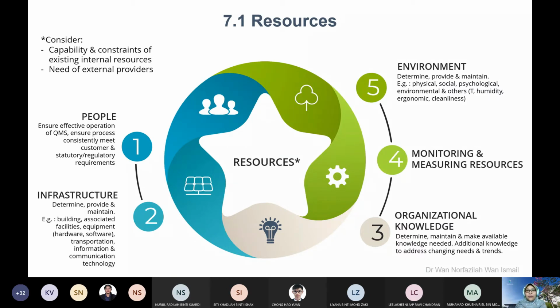And then maintain. Of course lah, kerusi for sometimes dia akan rosak. So you have to maintain, beli yang baru. Cleanliness is also environment. So that one is very important for your safety. So these are the resources and how you need to monitor and measure their performance.